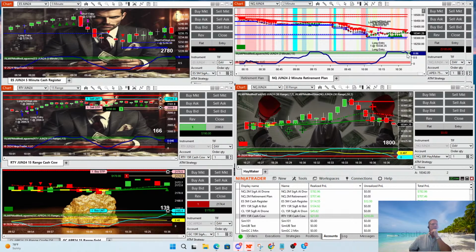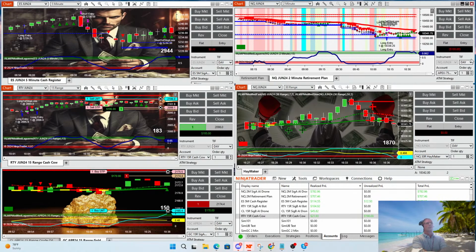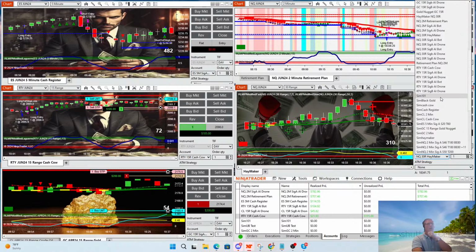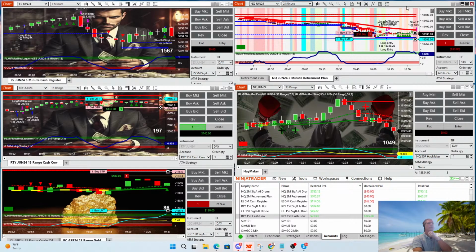We just need it to come down a little more, another confirmation candle, and we'll be in this move to the downside. I'm really surprised my signal B drone, 30 range signal B drone, and Q 30 range signal B. There it goes. Let's see what happens.